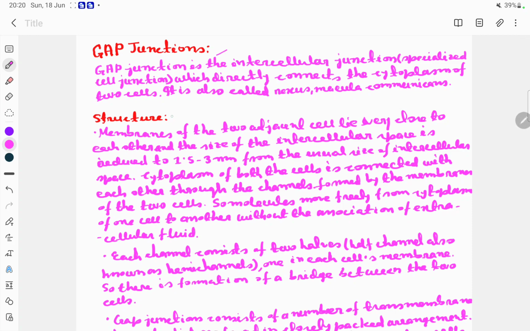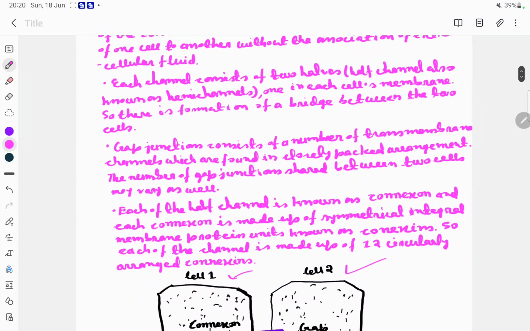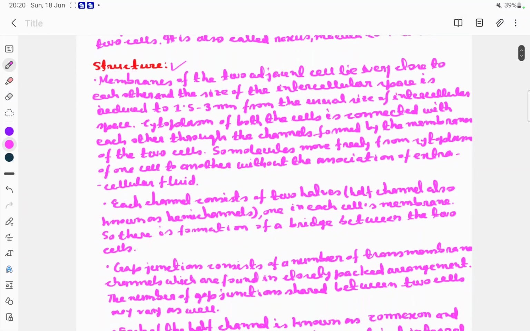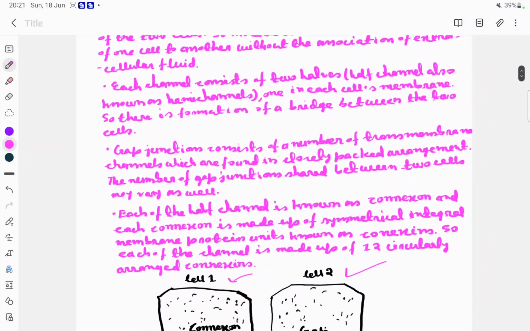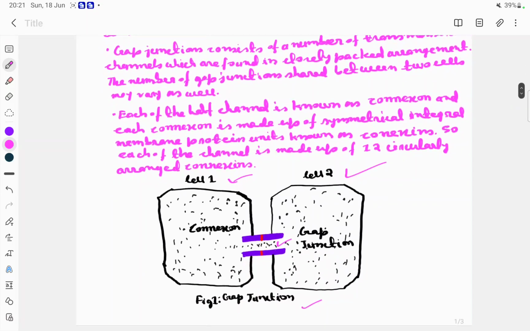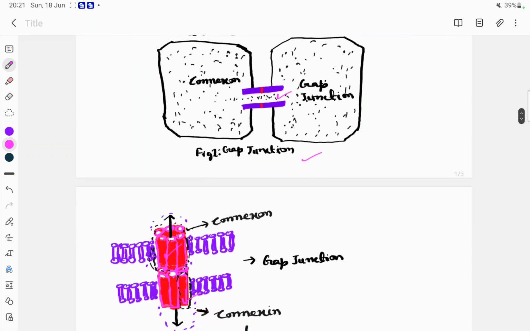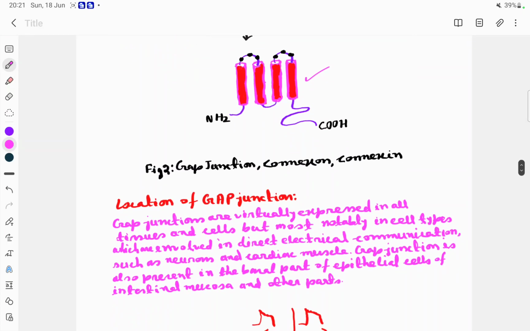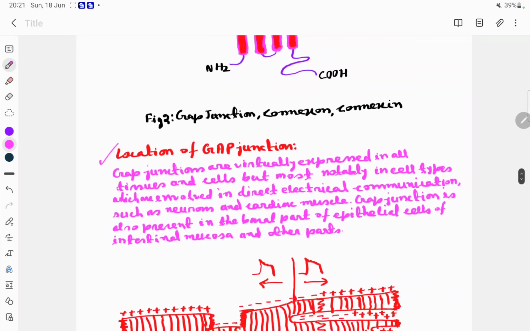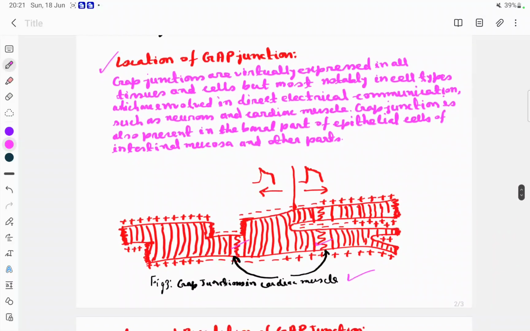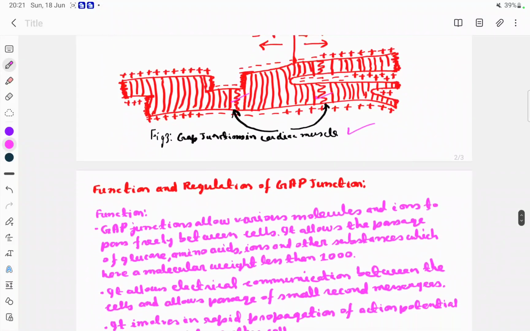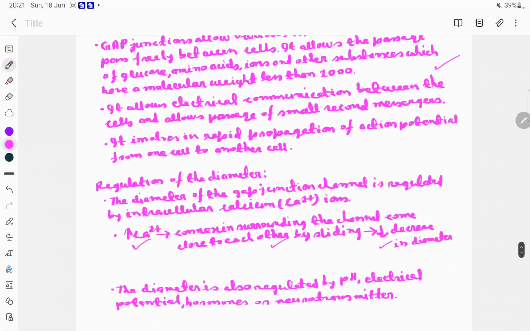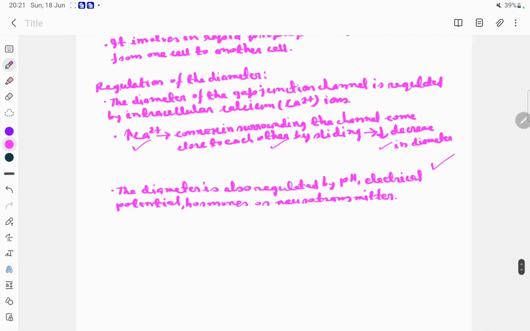It was on gap junctions, structure, location, function, regulation of the diameter of gap junction.